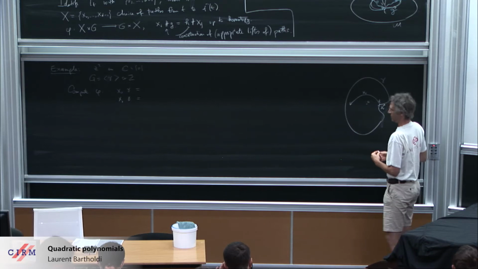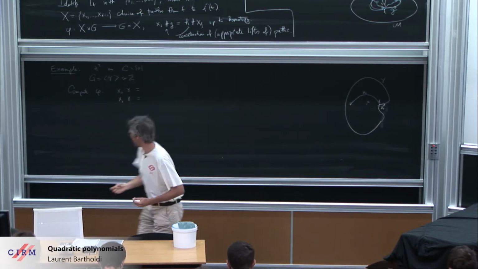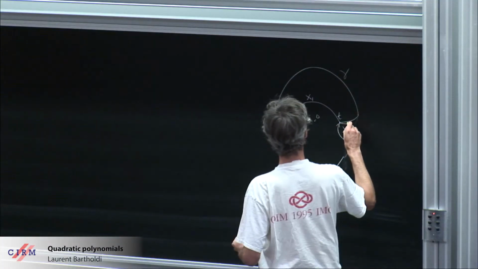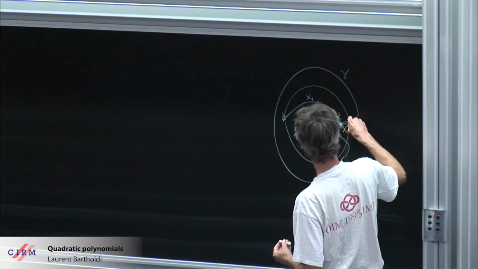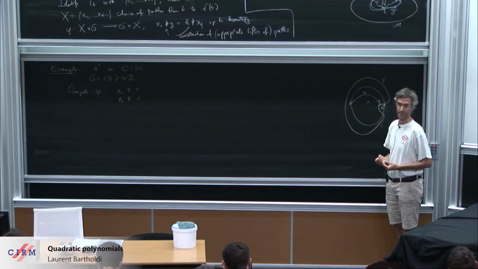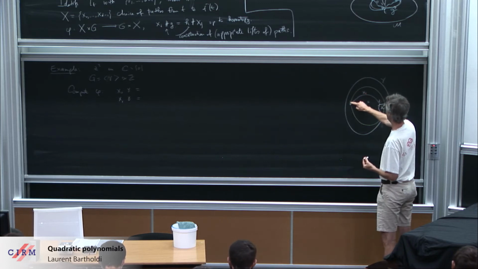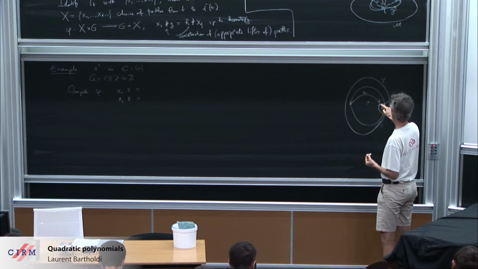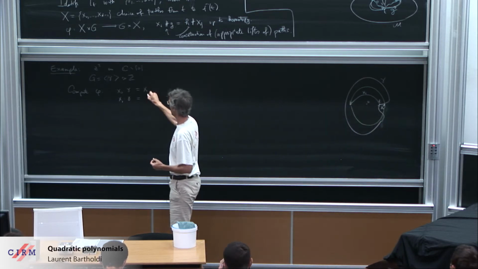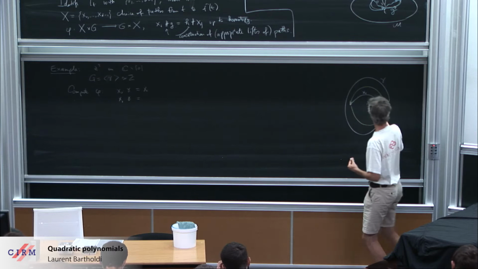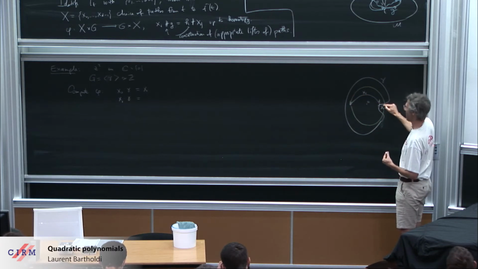So one lift, and again I should use colors so as not to clutter my picture. One lift will be like this, and the other lift will be like that. Now if I do x0 and gamma, this is really up to homotopy the same thing as x1. And if I do x1 and then gamma, this is the same thing as x0.